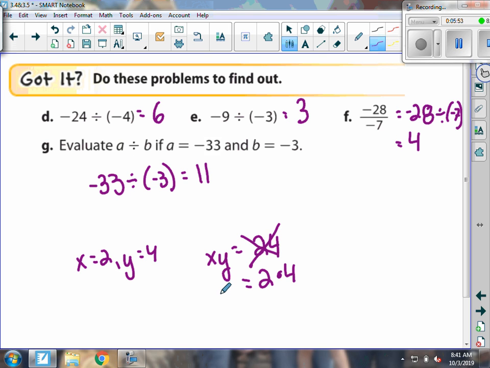When you have your variables right next to each other, that's actually multiplication. Or if I have 3y, that is not 34. That is 3 times 4. So be very careful with that. I see that mistake come up every year. Make sure that you're not just changing these into a constant. It needs to be multiplication.